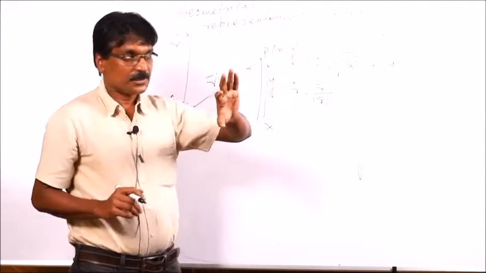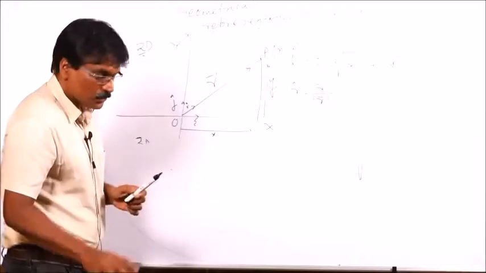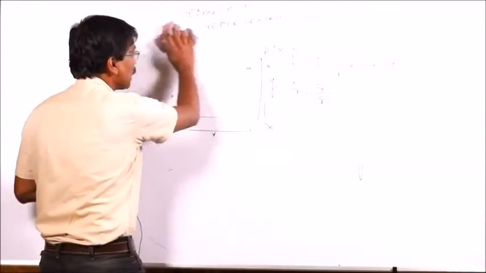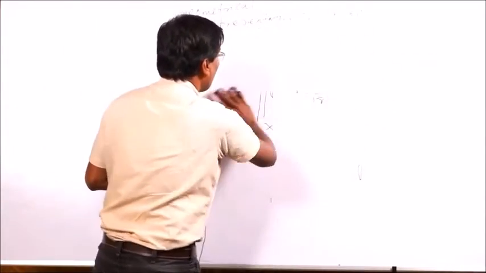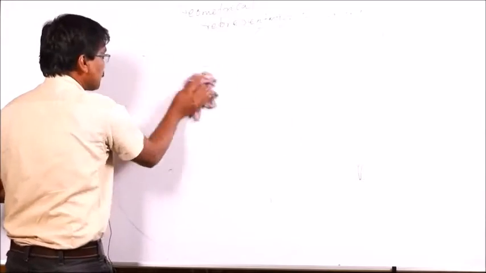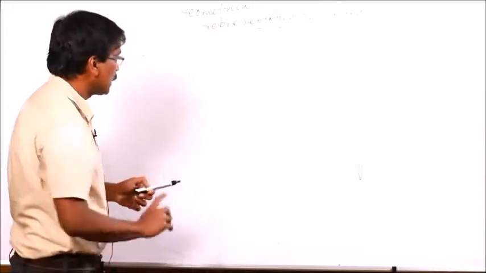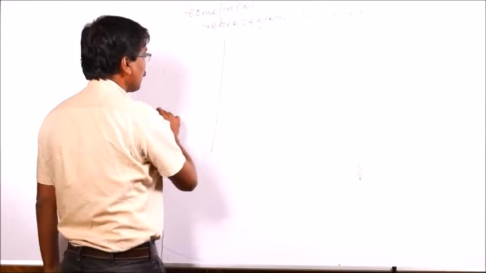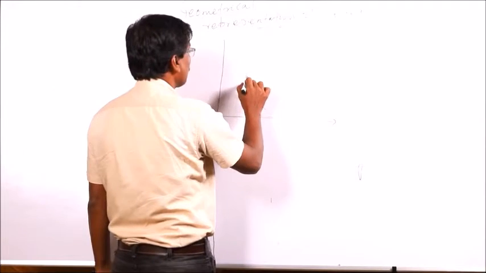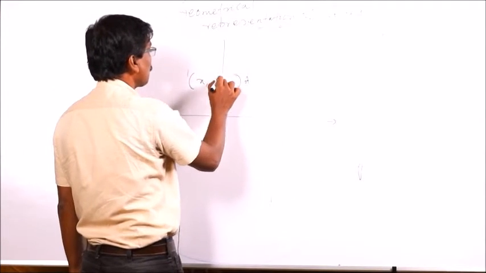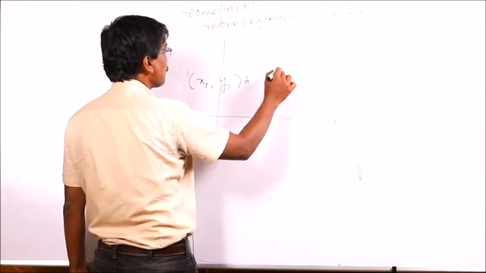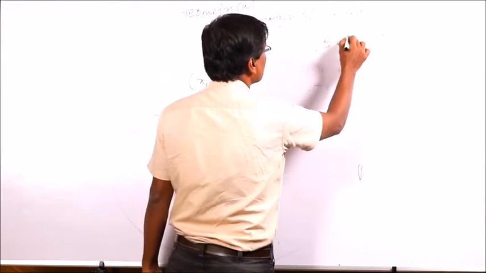So this is the geometrical representation of a vector. Next, we find the vector between two points. Suppose A and B are 2 points having coordinates A x1, y1 and B x2, y2.